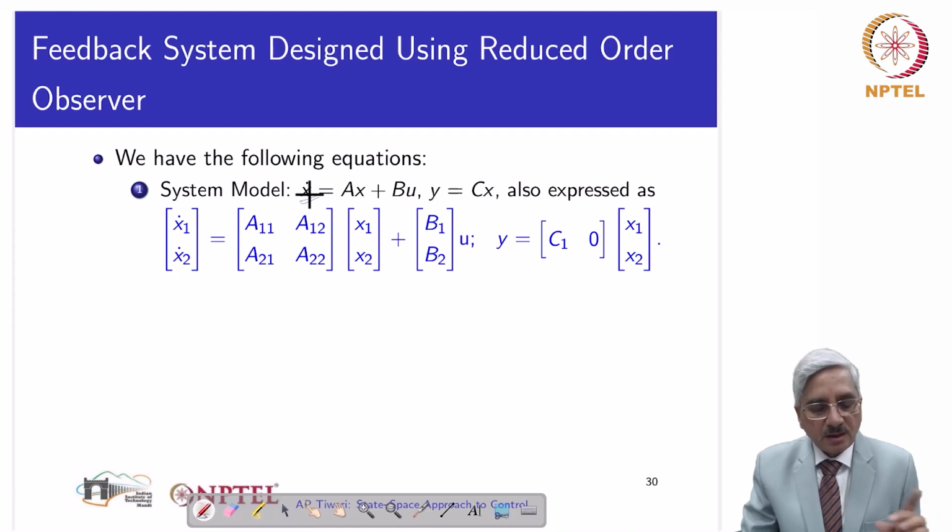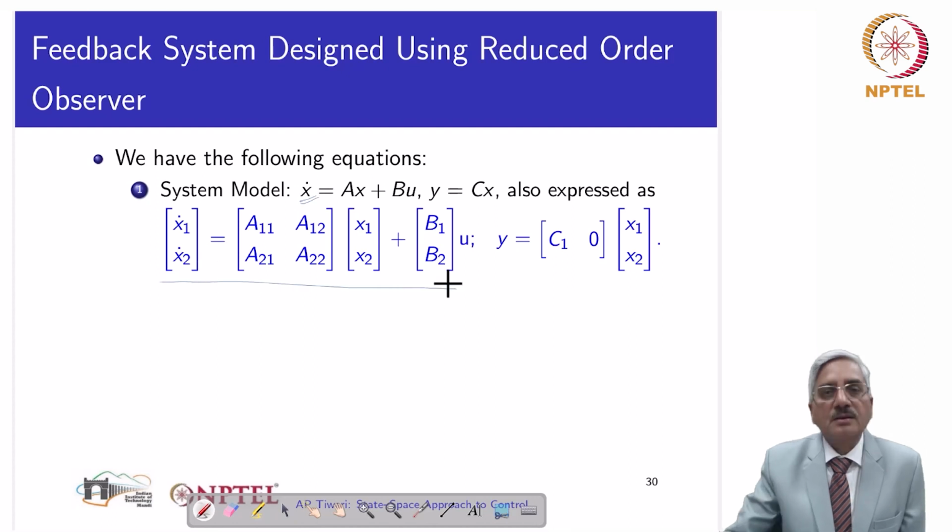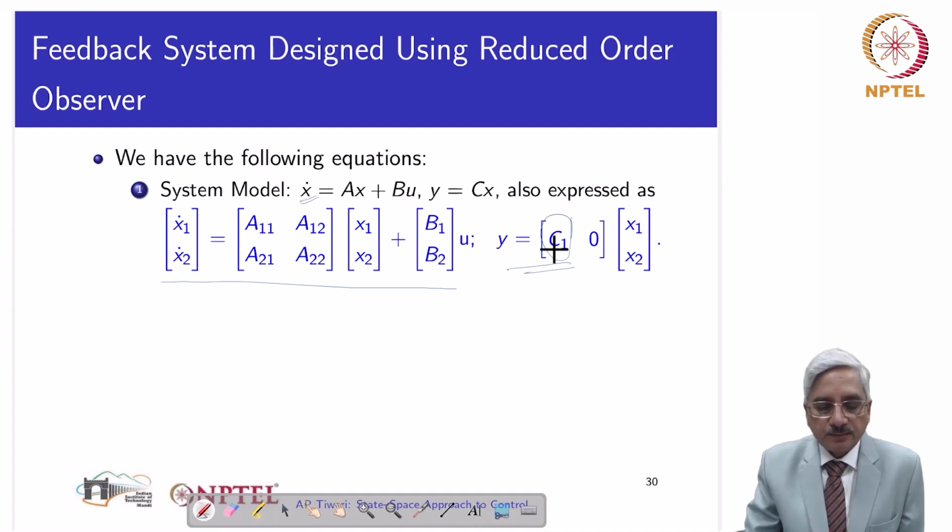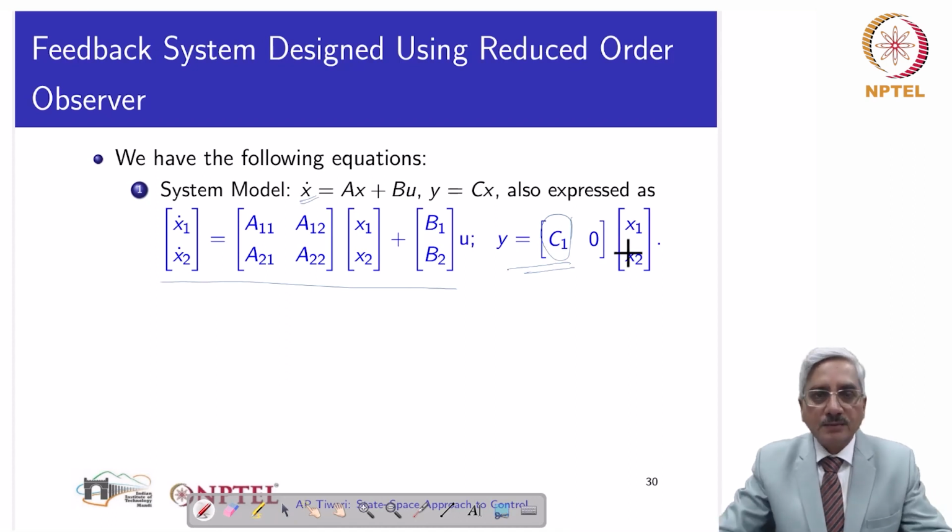One group is x1 and one group is x2, and each one is separately characterized like this. And the output we said only comprised of x1, C1 x1.